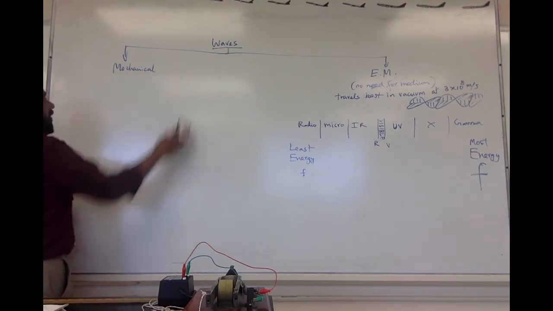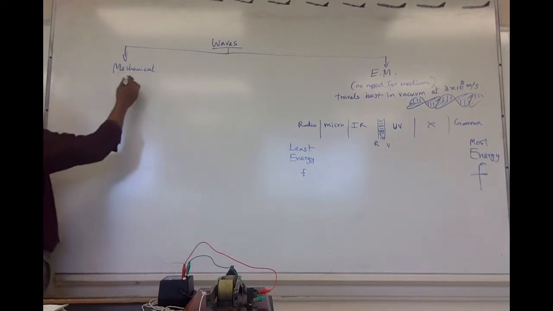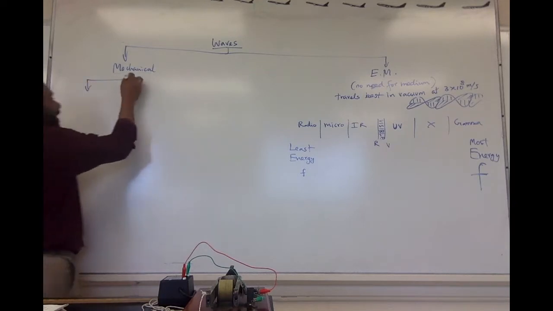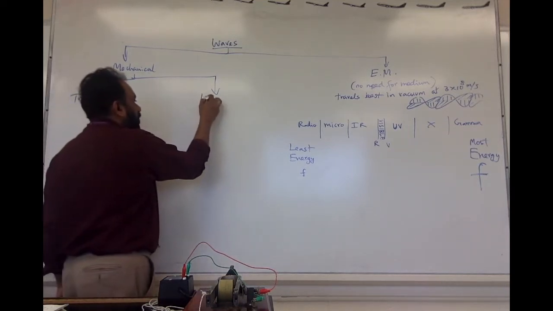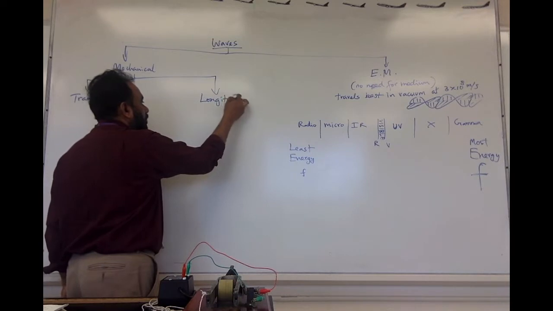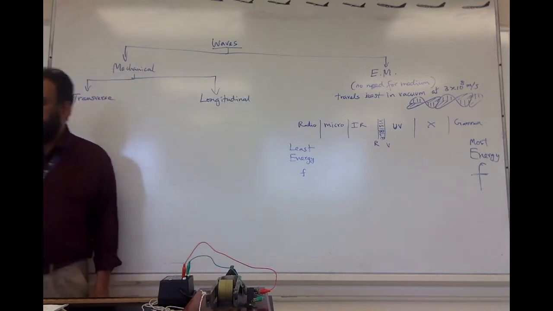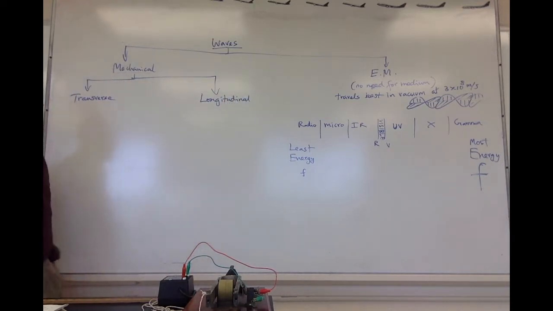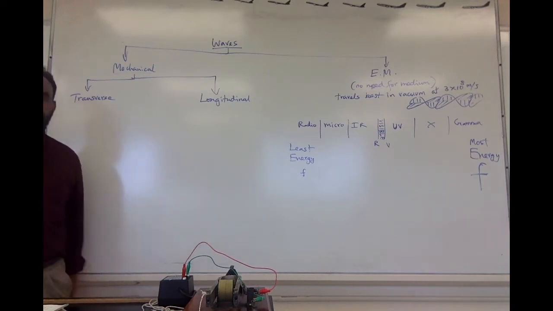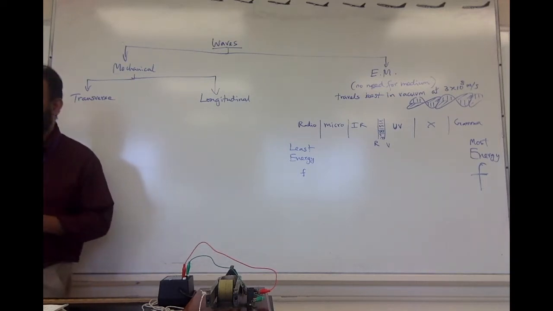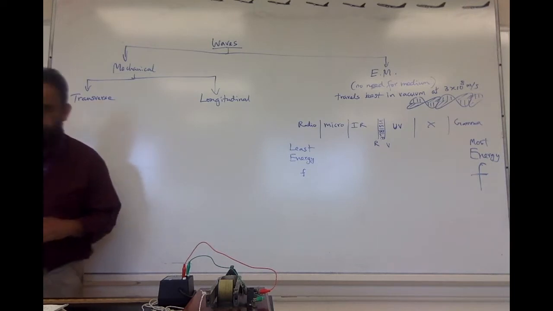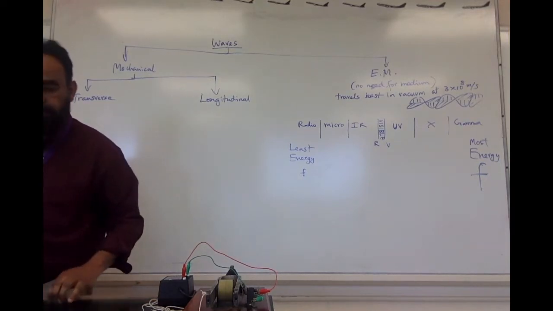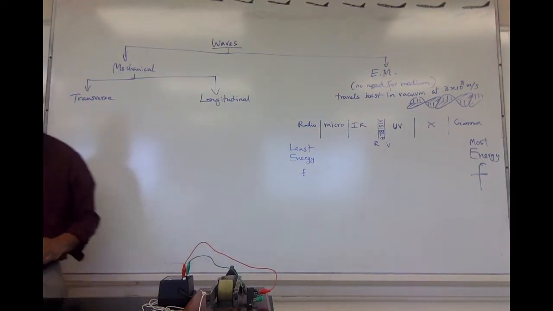Now, mechanical waves are classified into two. One is transverse and the other is longitudinal. Two types of mechanical waves, transverse and longitudinal.